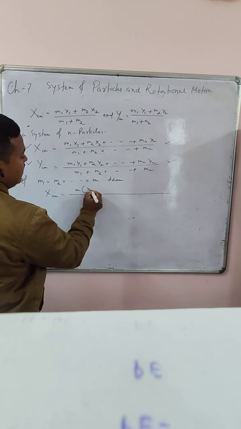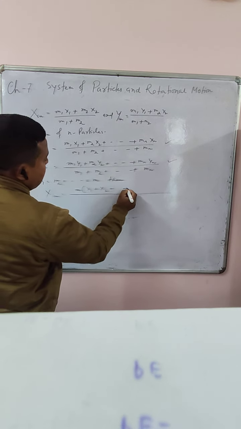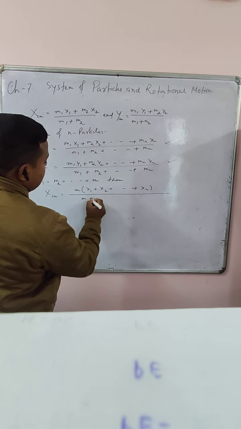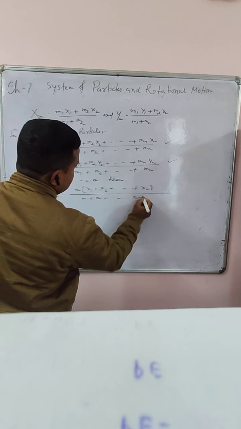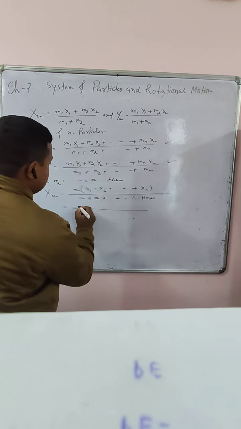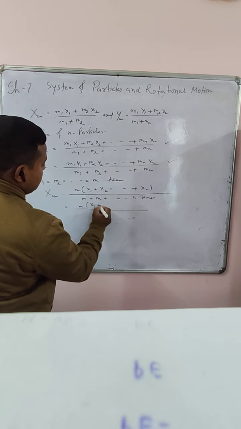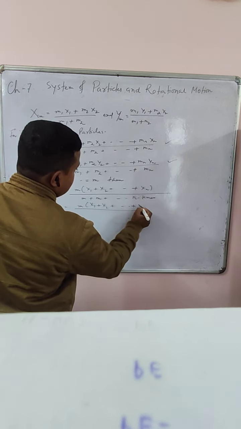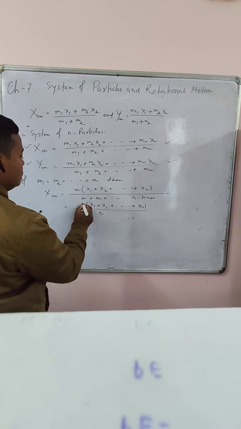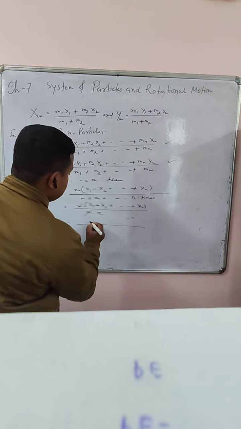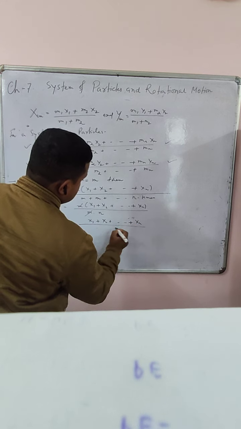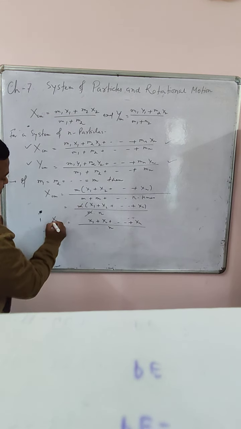It will be x1 plus x2 up to xn divided by what? m plus m up to n times. So this you can write m times x1 plus x2 up to xn divided by m into n. So here m cancels out. So it is x1 plus x2 up to xn divided by n. So this is xcm.